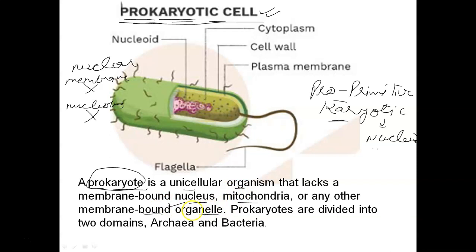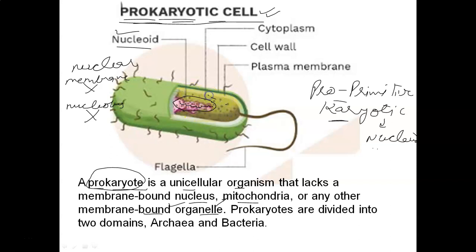Nucleus absent, nuclear membrane absent, and of course the mitochondria will be absent because membrane-bound cell organelles are absent. Nucleolus is absent. Only the single chromosome is present, in the area known as the nucleoid region in the cytoplasm, where the single chromosome has the DNA molecule.